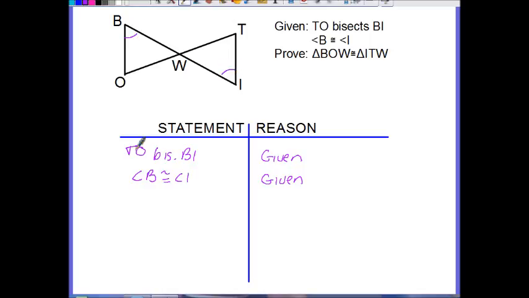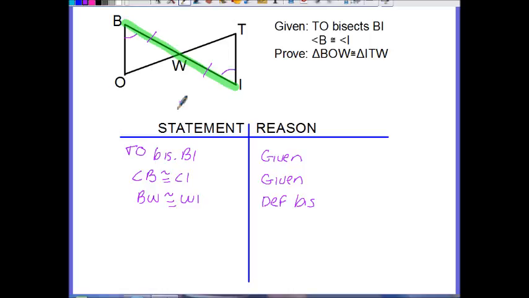So next, if TO is bisecting BI, BI is the segment that's being chopped in half. So it's going to be cut into 2 congruent pieces. BW is congruent to WI by definition of a bisector. We stated congruency, let's draw it in.